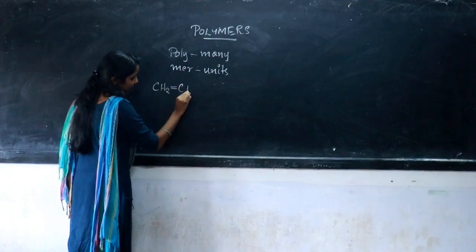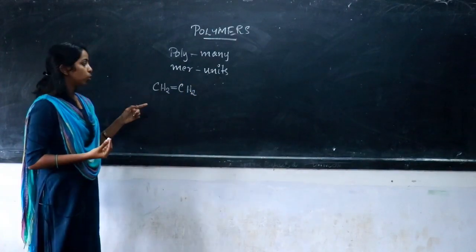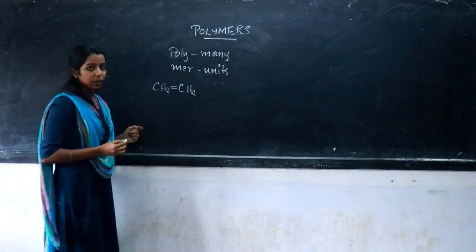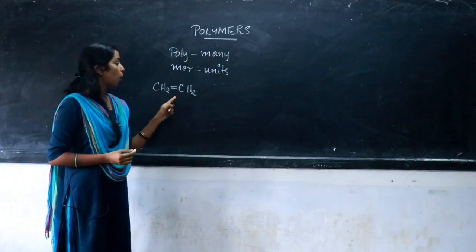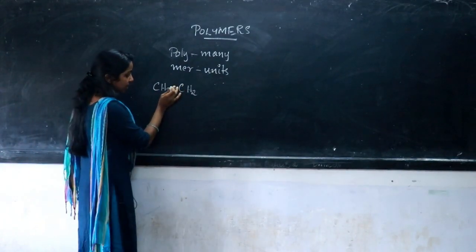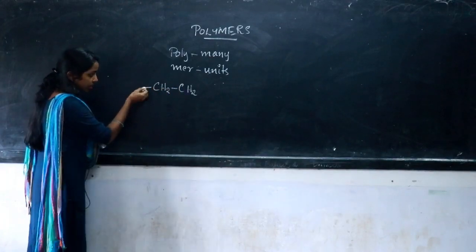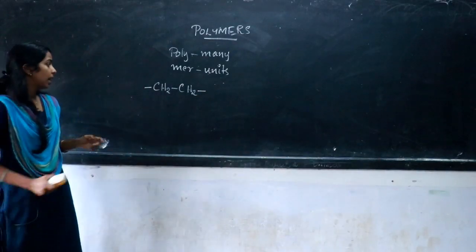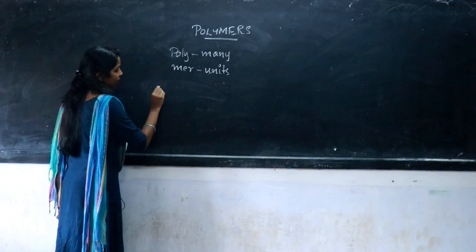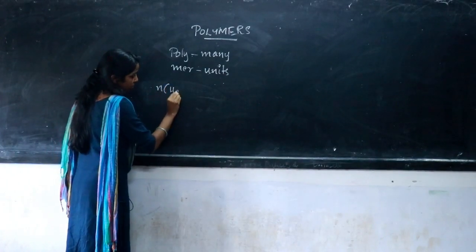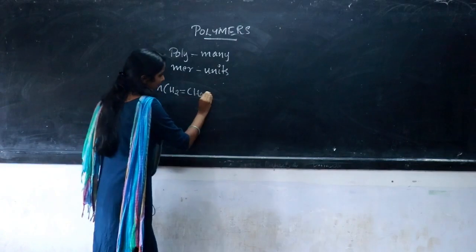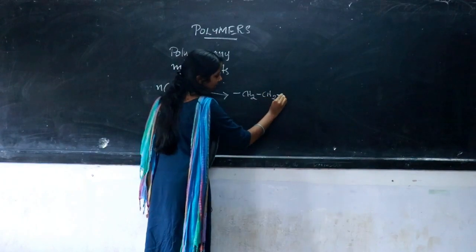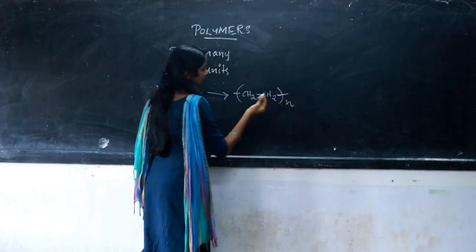CH2 double bond CH2. This is ethene. You represent ethene as CH2 double bond CH2 and the bond present in between is a covalent bond. Once ethene undergoes polymerization, this bond breaks and one valency goes to this carbon atom, another valency goes to this carbon atom. So when you write ethene as nCH2 double bond CH2, it polymerizes to give CH2 single bond CH2, n times.